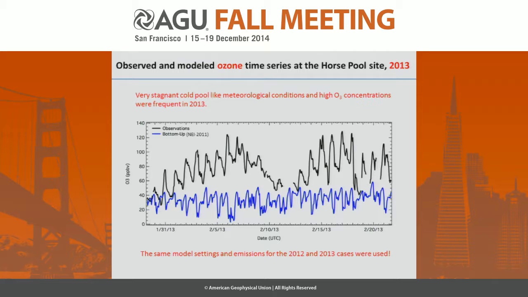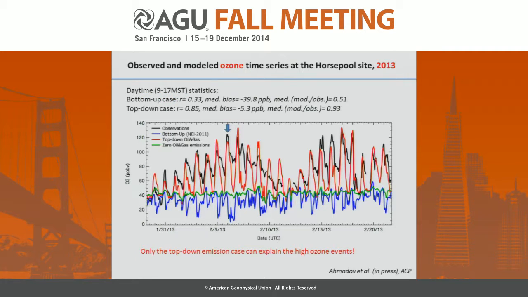Here in blue, I show model results using the NEI inventory. As you see, none of the ozone events were captured by the model. If I use our emission estimates in red, we get completely different results, where the model can reproduce very high ozone mixing ratios, such as 120 ppb, and also this cleaning time period where the basin was cleaned up and then another stagnation episode.